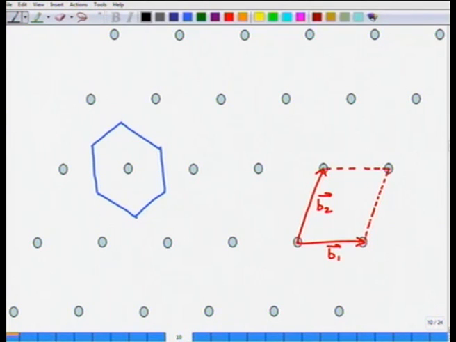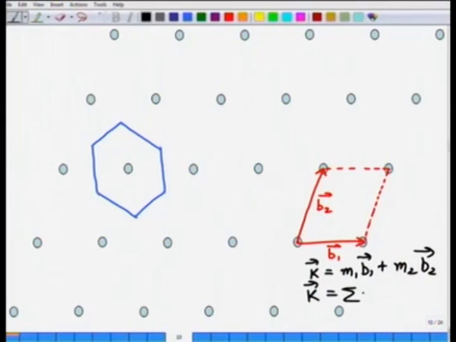In that diagram, B1 and B2 were my lattice vectors, and therefore this K was equal to m1 times B1 plus m2 times B2. In general, of course, K is equal to the sum of mi bi, where the summation is over i equal to 1, 2, 3, but since this is a 2-dimensional problem, K is just that, and this is the lattice which I have shown you.